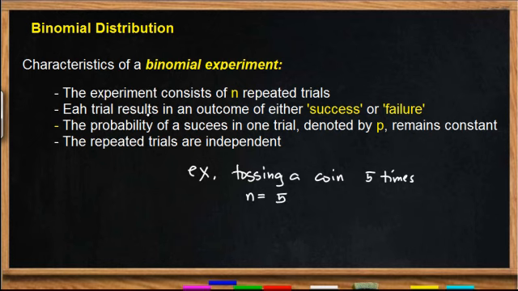Then, each trial results in an outcome of either success or failure. For example, gusto nato kuhaon kay hari or head. So ang success natong tawag sa event kung ang makuha sa matag toss, which is one trial, 1 toss is 1 trial. Success atong makuha kung makuha nato kay head.